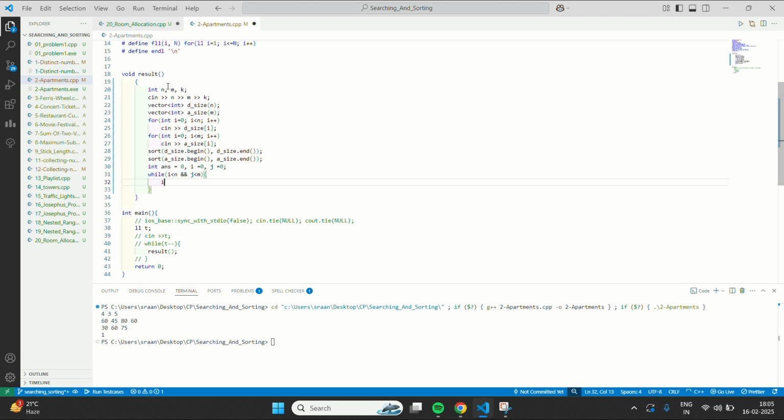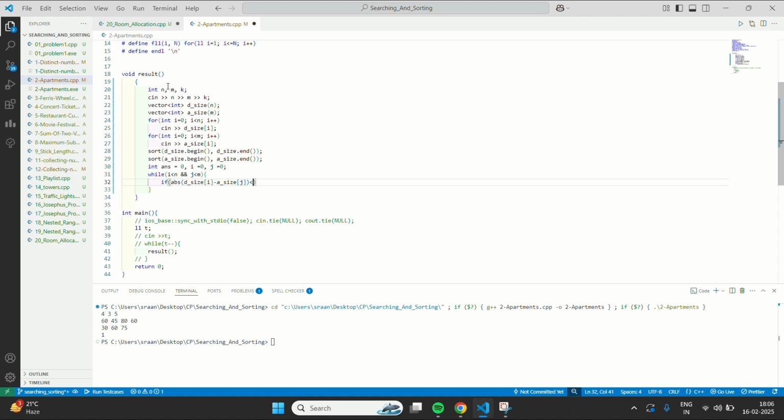Then in the loop we will check, can we allocate this apartment to the customer? How will we check? We will check the absolute value of desired size of ith customer minus apartment size of jth apartment.